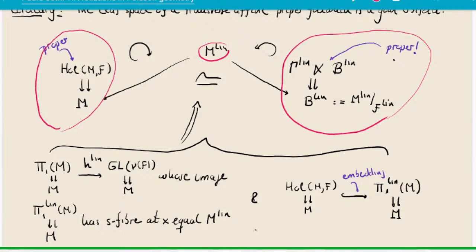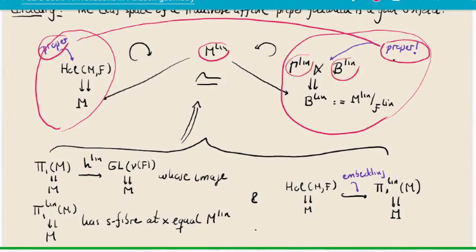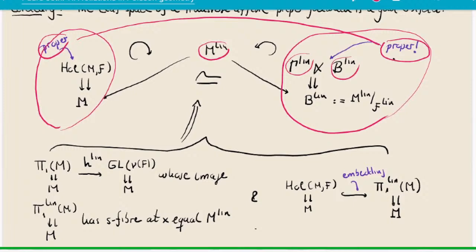And then the properness assumption tells you that this holonomy groupoid is also proper, hence B-lin is a manifold. And then finally, once you have the Morita equivalence, you know that properness is transferred by Morita equivalences, and that's telling you that the action of this group on this manifold is proper, hence you get a good orbifold.